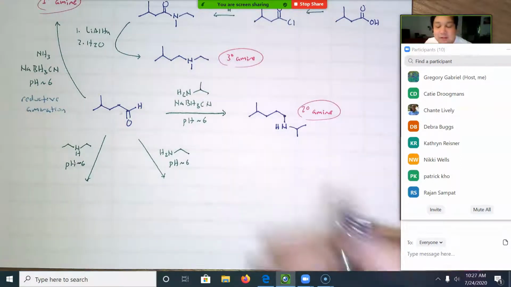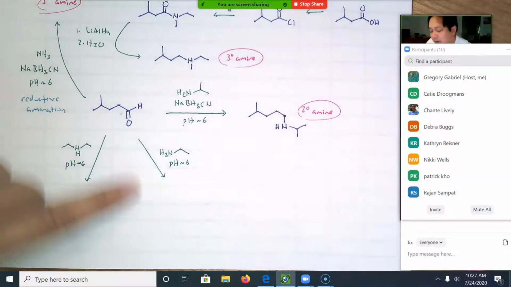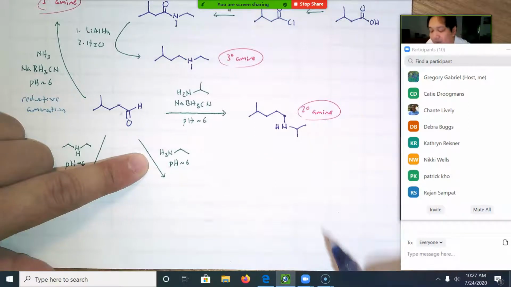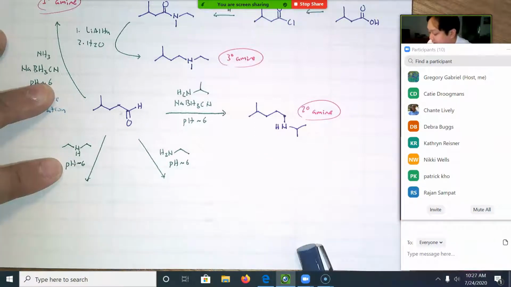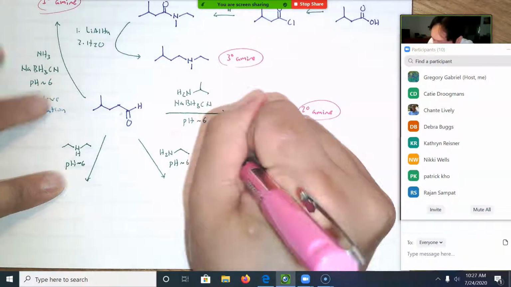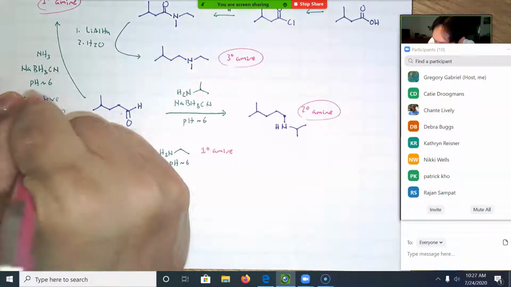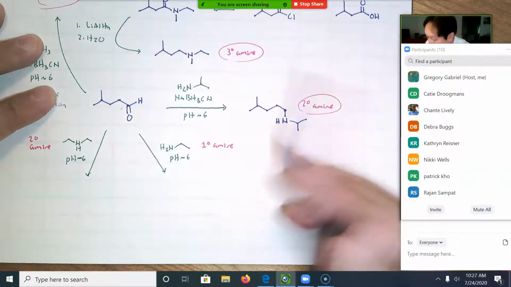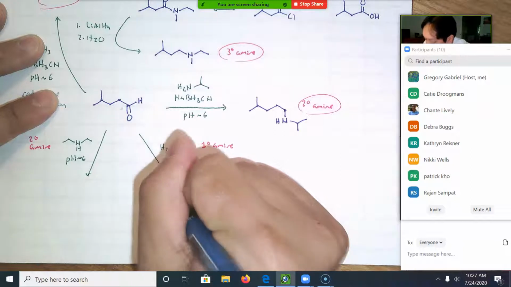This is where naming is going to be really important. Aldehyde and ketone plus primary amine gives you imine. So the key point here is that you have a primary amine. For the other reaction, you have a secondary amine. And we'll see how that changes. So here, an imine looks like this.